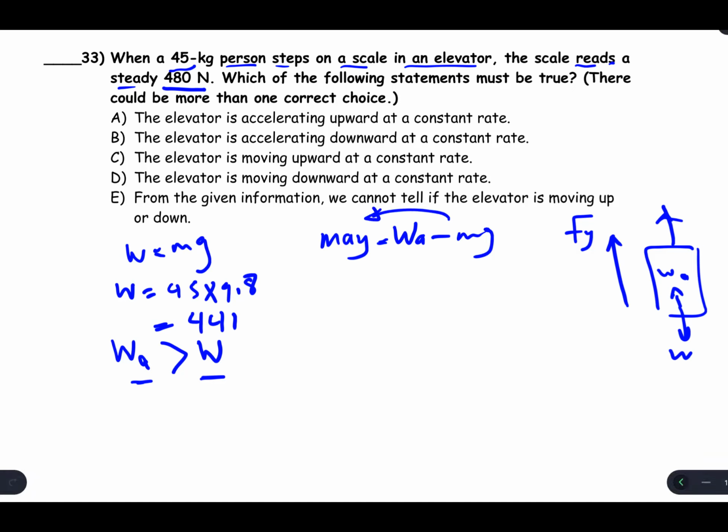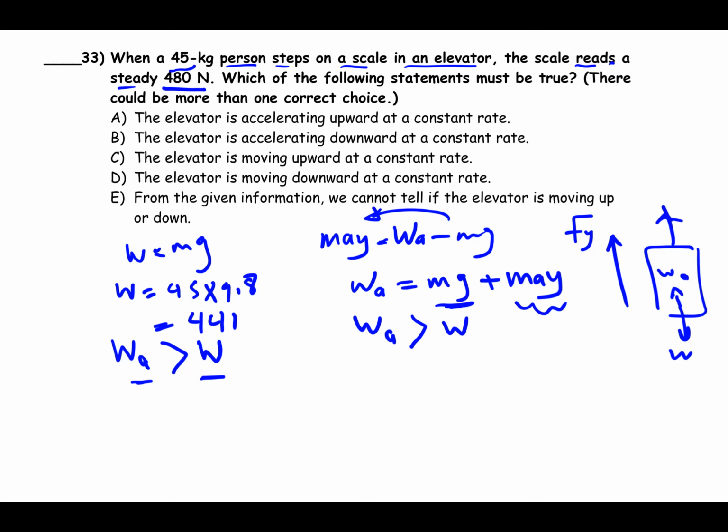So moving to the other side, WA, the apparent weight, equals mg plus may. So WA is larger than W by the amount may. So the elevator is accelerating upward, right?